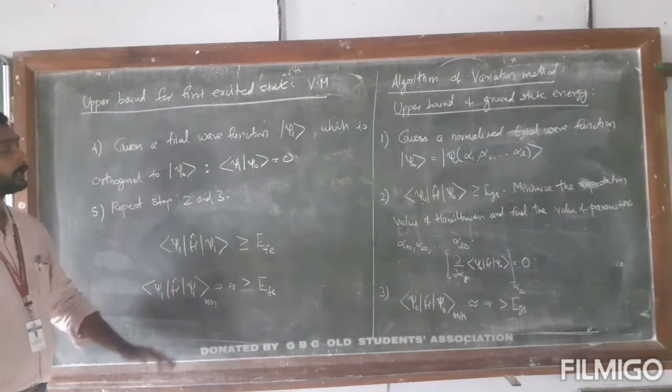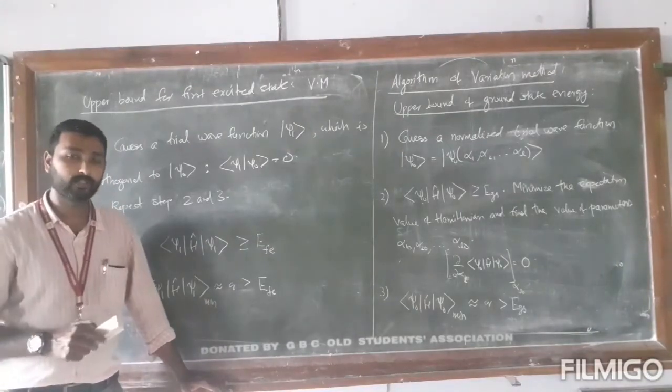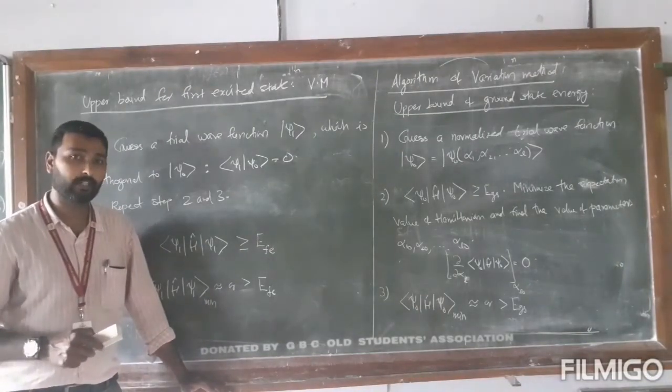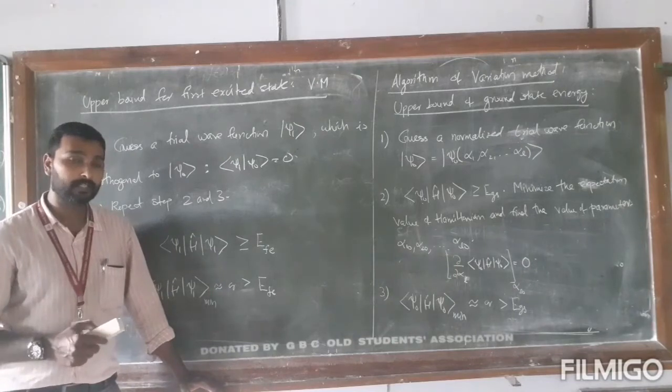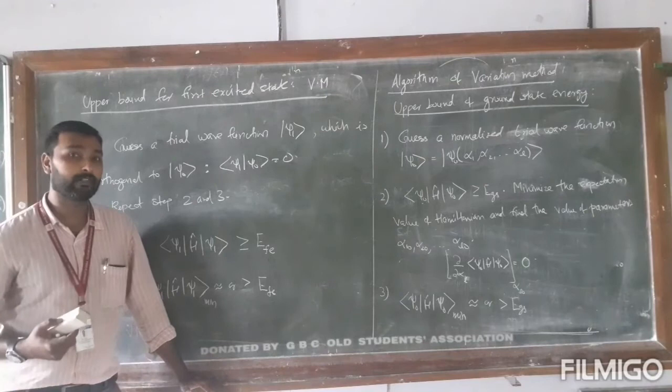So that's about the variation method. This is the simplest approximation method available in quantum mechanics, and sometimes it is very powerful depending upon our experience.